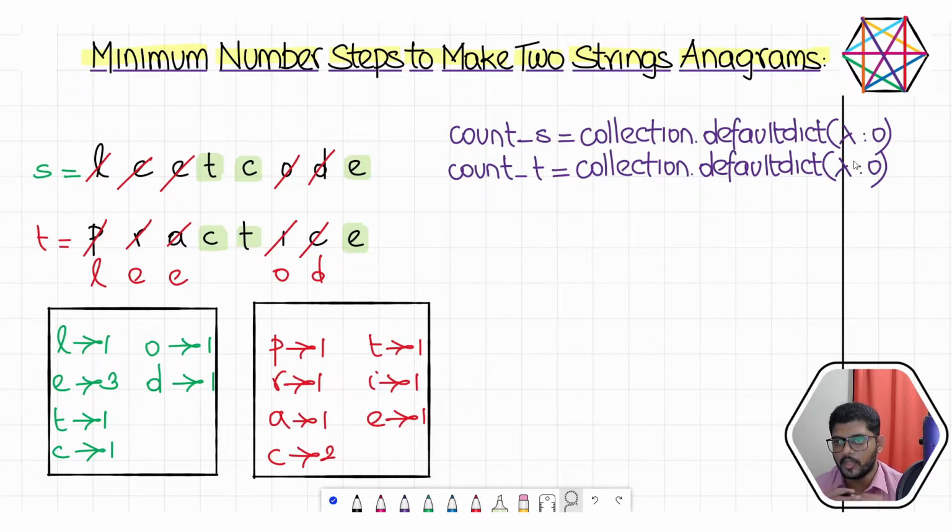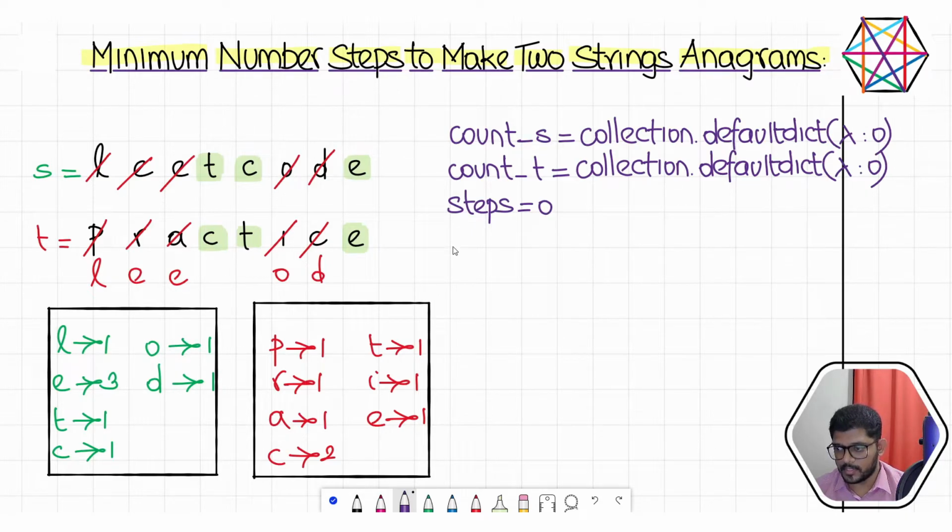So for all the keys, we are giving a default value of 0, right? Let's also create a variable called steps to count the number of steps it takes to convert t into an anagram of s. Initially we'll give it the value of 0, right?